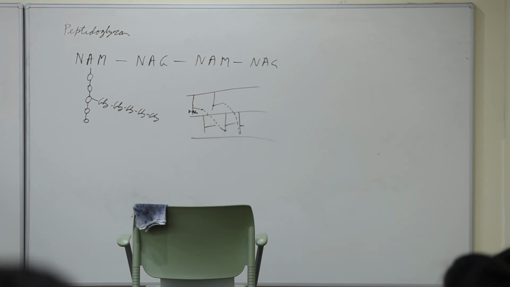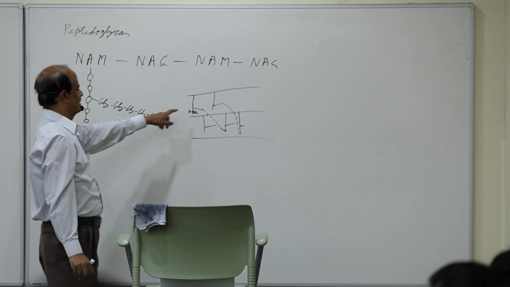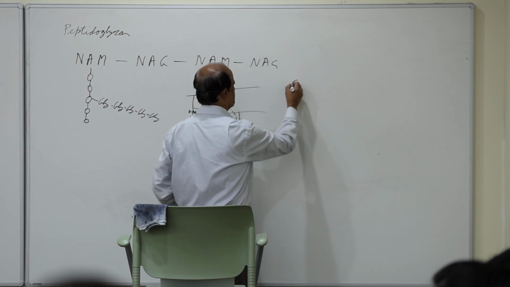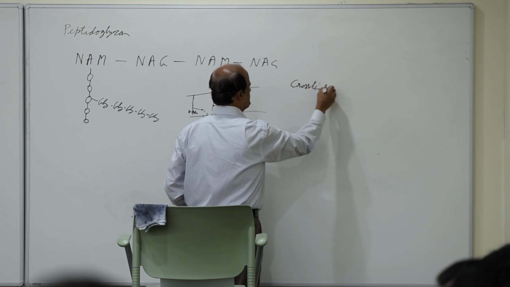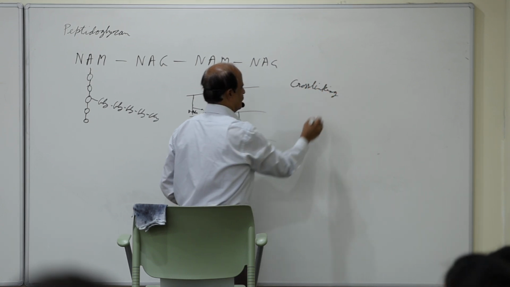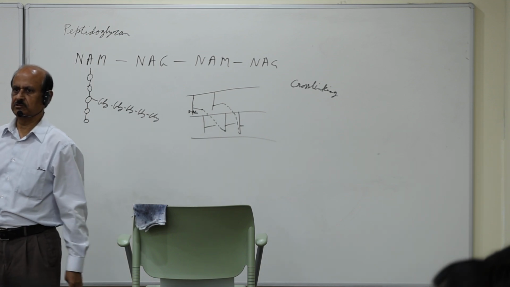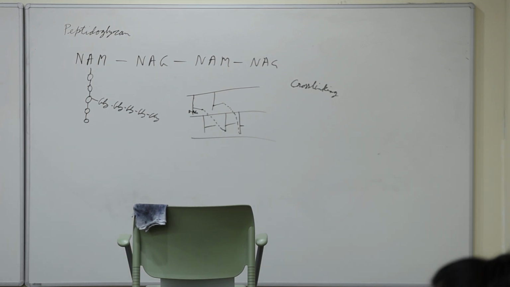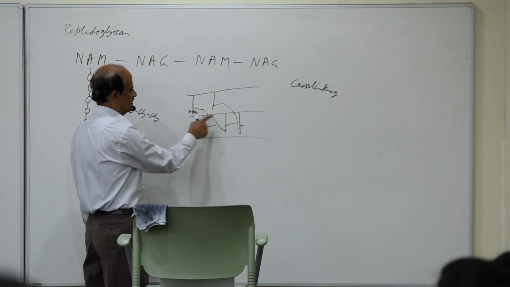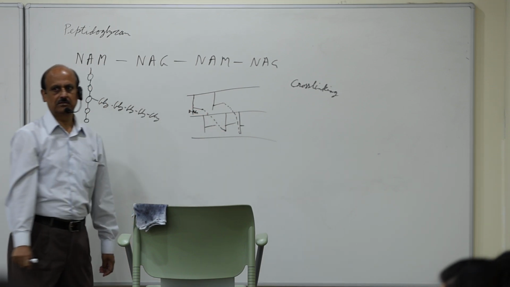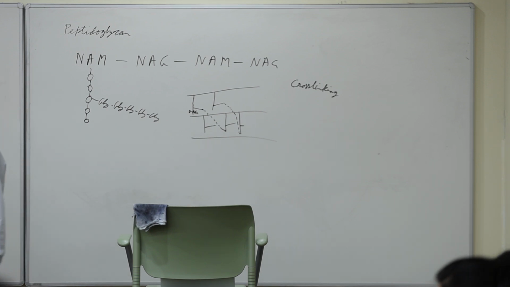So this linkage is called cross-linking. That's what makes the peptidoglycan strong. And the antibiotic penicillin inhibits formation of this cross-link. So it inhibits the formation of a peptide bond between the glycine and this last D-alanine.